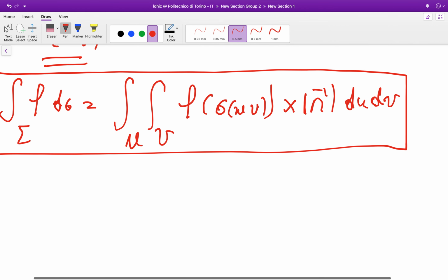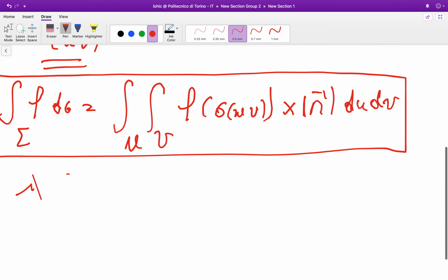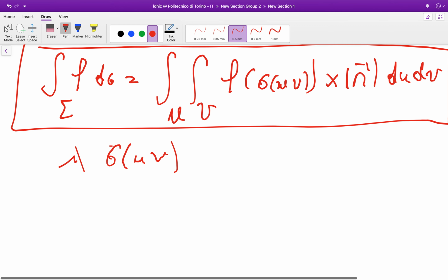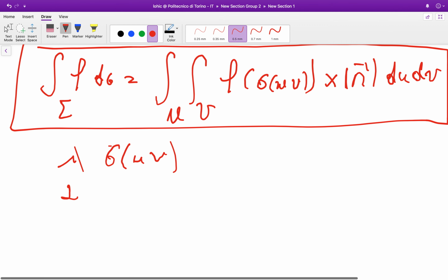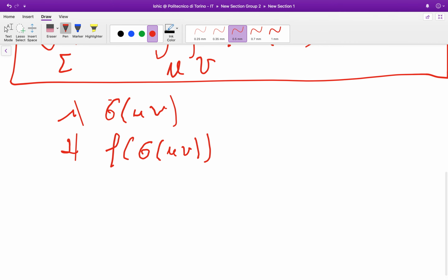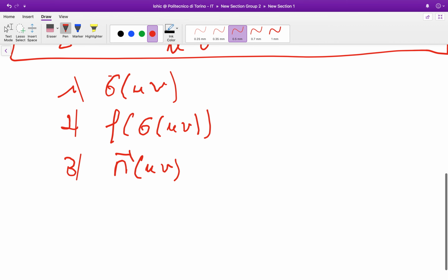So things to do: one, I should find sigma uv. So I should write the surface as a function of two parameters. Second thing, I should compute the function; I should insert the surface inside the function. Third thing, I should find the normal vector of the surface at each point.